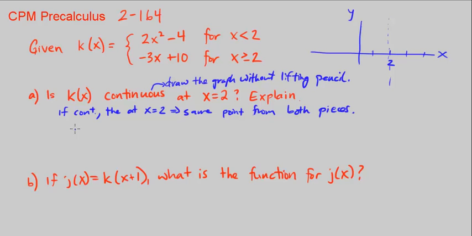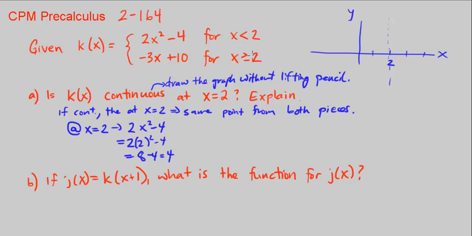Let's go ahead and try this out. At x equals 2, here's the first piece, 2x squared minus 4. If we plug in x equals 2, this is 2 times 2 squared minus 4. 2 squared is 4, 4 times 2 is 8, minus 4 is 4.